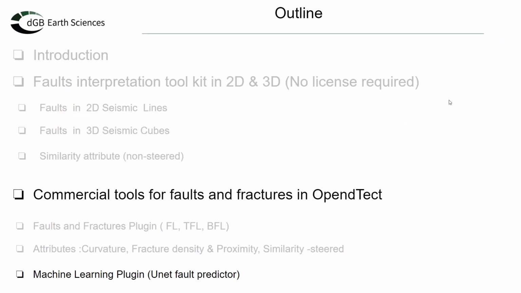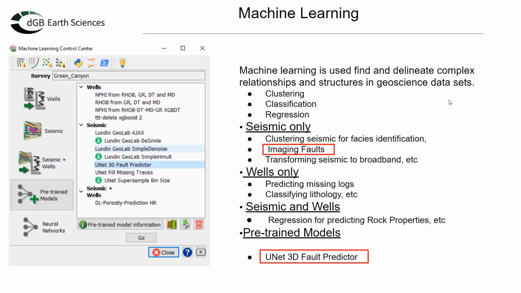The last thing I want to talk about is the machine learning plugin, and specifically the Unet fault predictor. I'm not going to talk a lot about machine learning, because my colleagues covered it in previous webinars. I just want to highlight the tools that allow users to image faults.